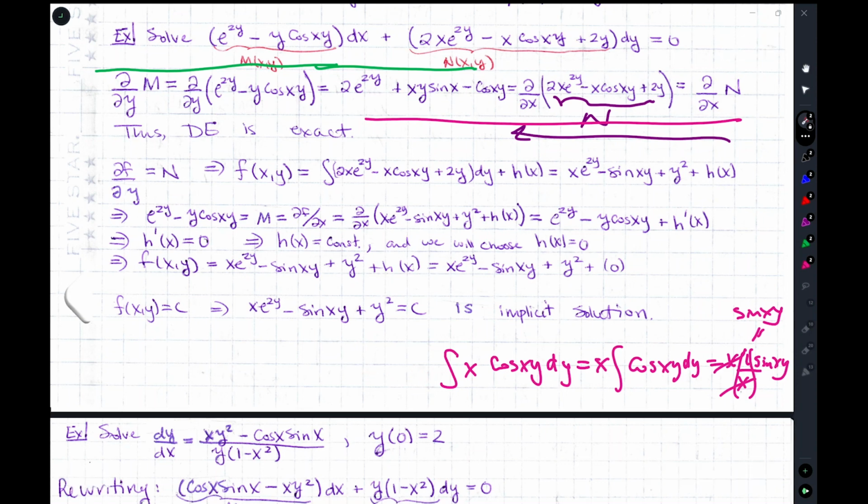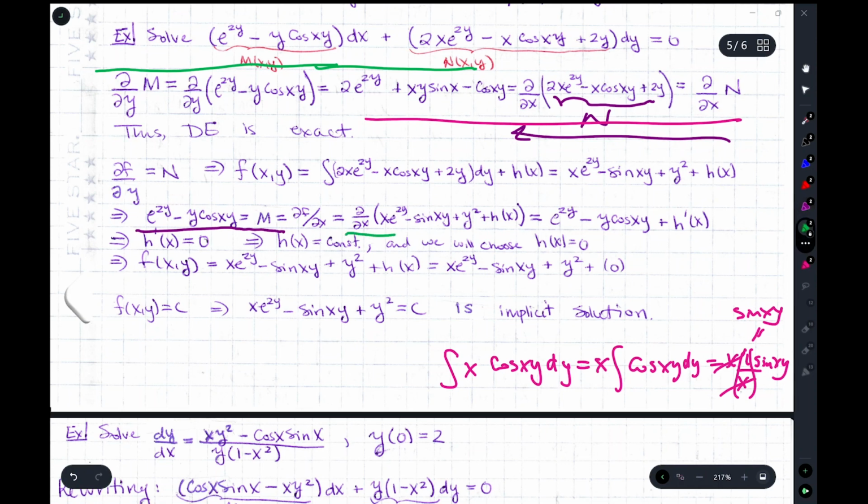All right. So we integrated with respect to y. We get this general form. Now we're going to plug this into the partial derivative with respect to x. Here's M. M is what multiplies the dx. That's the left-hand side. That's one concept. Then we also have the right-hand side.